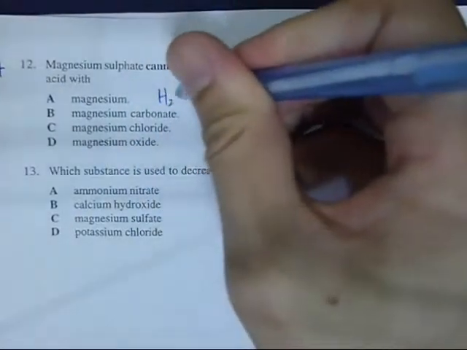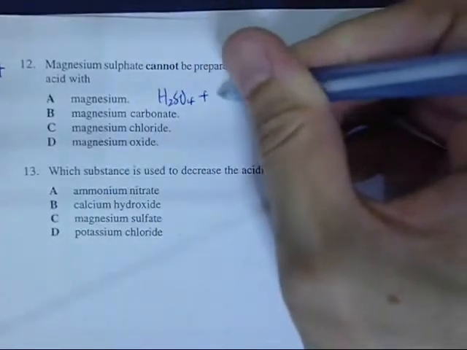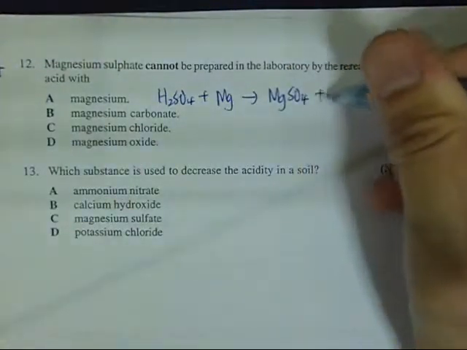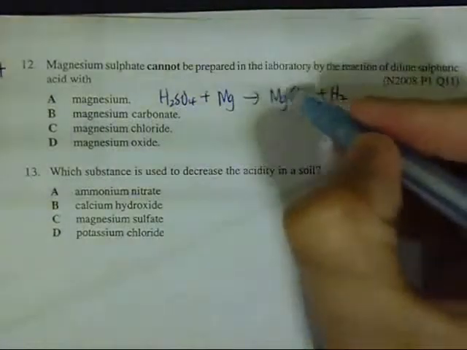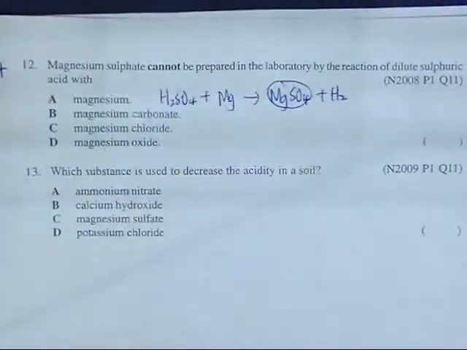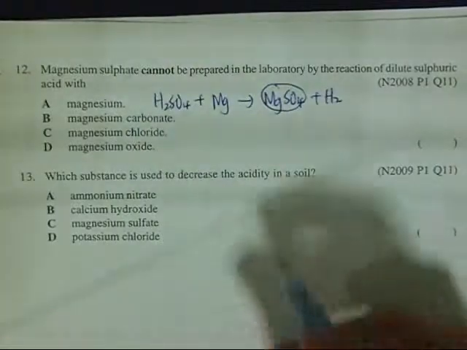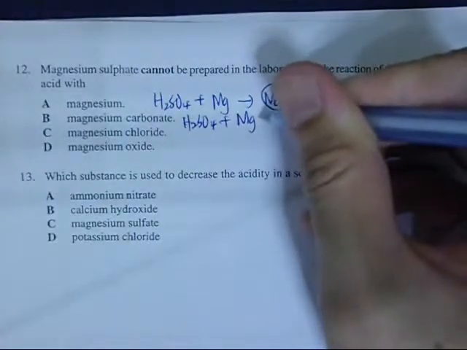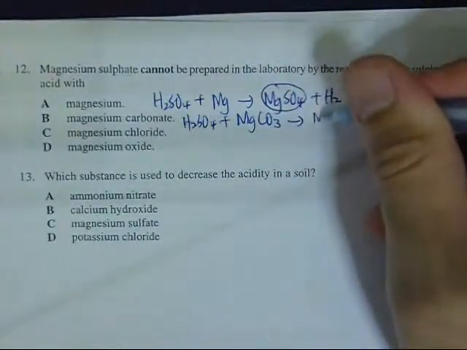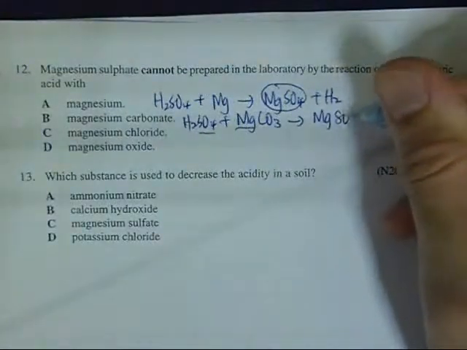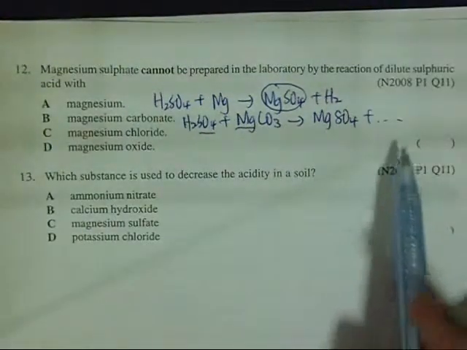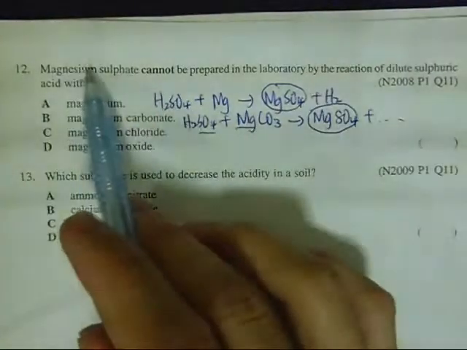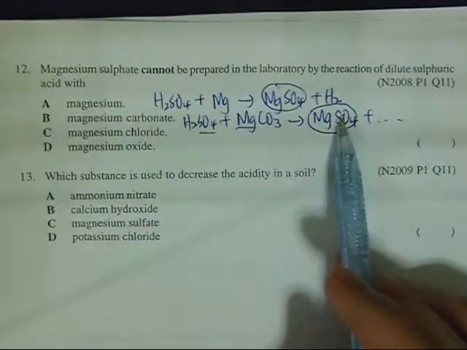You just write down the equation: sulfuric acid plus magnesium gives MgSO4 plus H2. So this is magnesium sulfate. How about magnesium carbonate? Plus magnesium carbonate, you get magnesium sulfate. The rest of the product is not important, because all you need to make sure is that magnesium sulfate can be obtained from this reaction.